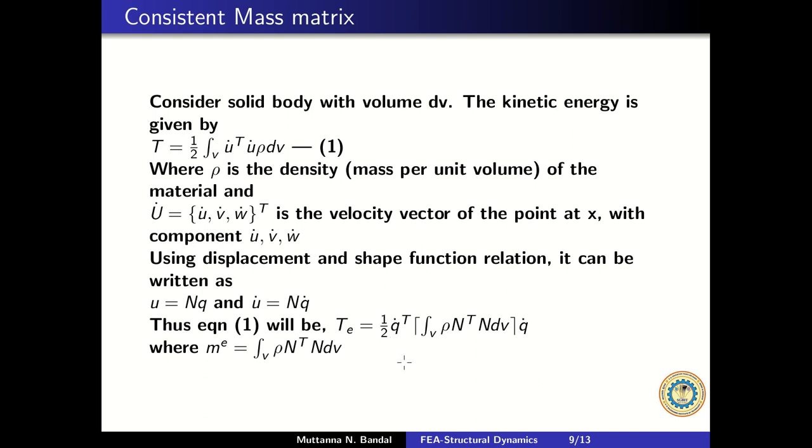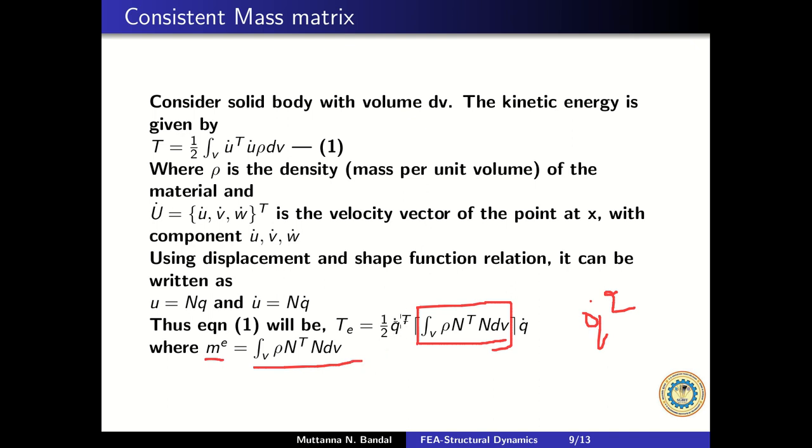Now this is a velocity term, q dot transpose into q dot is nothing but q dot square, and the remaining term refers to the mass matrix. So I can write me, mass of an element, is equal to integral over volume of this term.